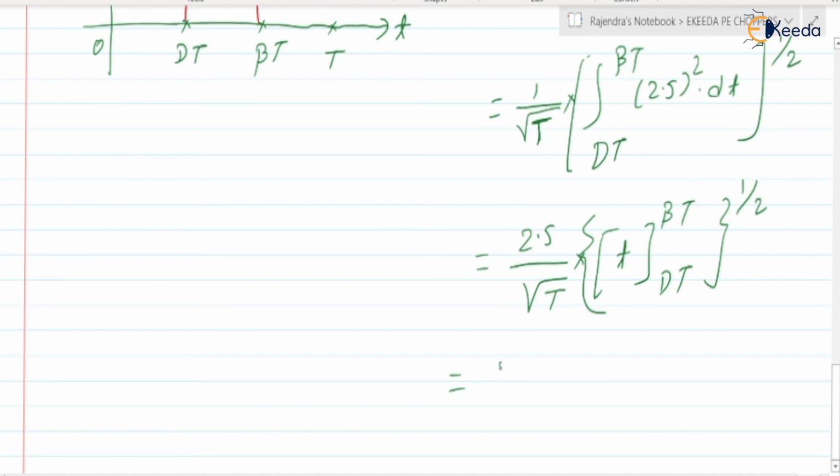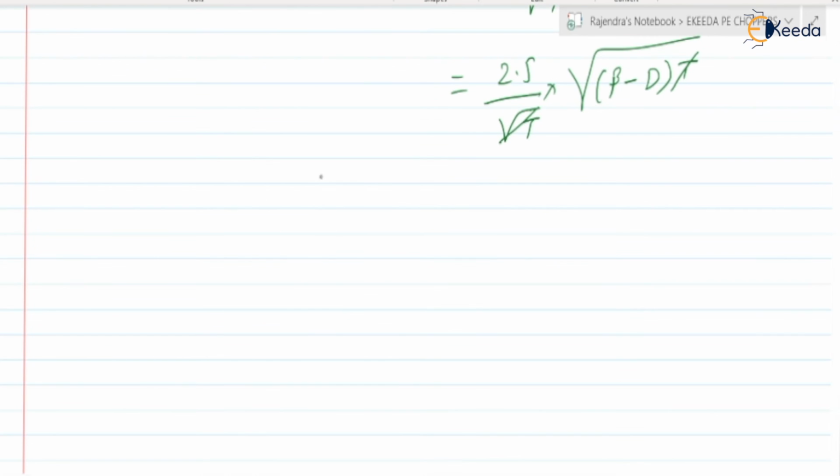This can be written as 2.5 divided by root t, into under root beta minus d into t. So this root t and this root t will get cancelled. Therefore ID RMS is equal to 2.5 into under root beta minus d.